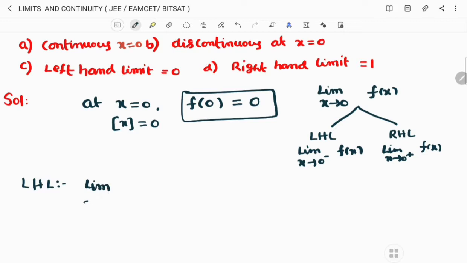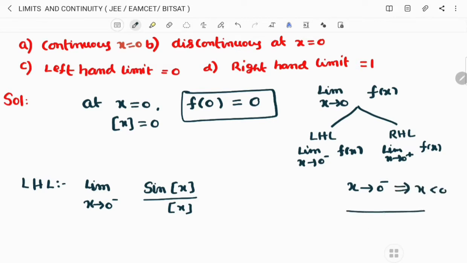Limit x tends to 0 minus f of x. So f of x means, according to the question, sine [x] divided by [x]. Here I will explain x tends to 0 minus. X tends to 0 minus implies that x is less than 0.